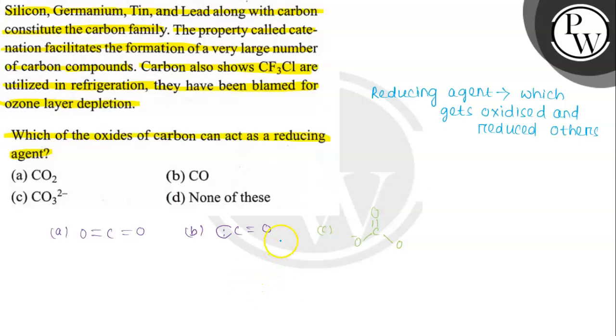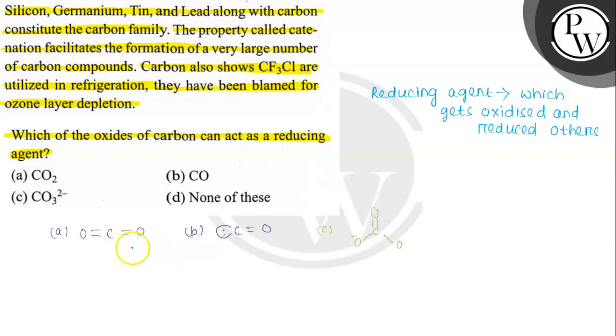If you see in CO, that is carbon monoxide, here carbon has a lone pair of electrons and it can donate its electrons. When it donates its electrons, we know that it gets oxidized. That means it itself gets oxidized, it reduces others, and acts as a reducing agent.